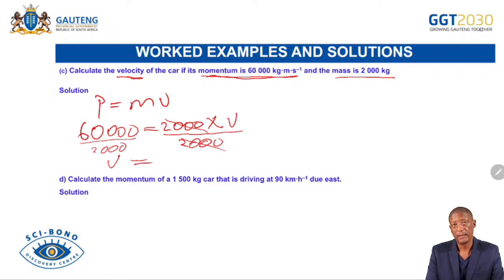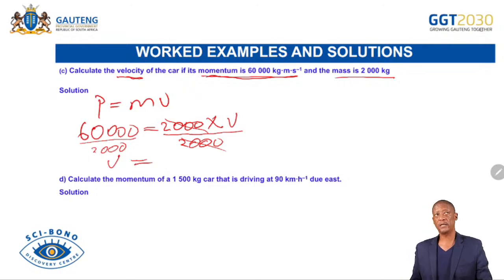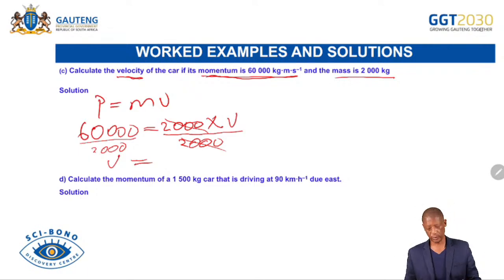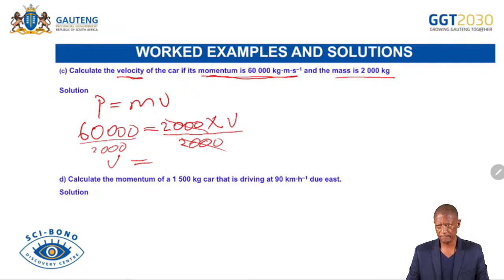Now you do your mathematics: 60,000 divided by 2,000. We go to the calculator. I'm not that intelligent; I want to do things correctly.